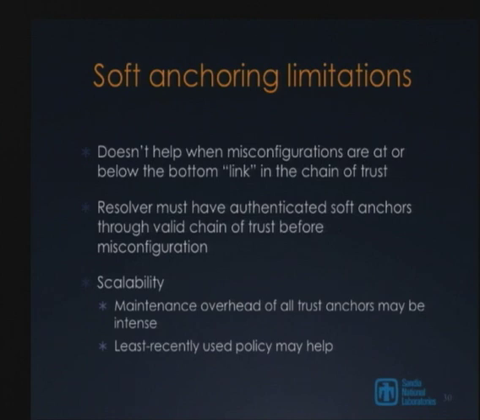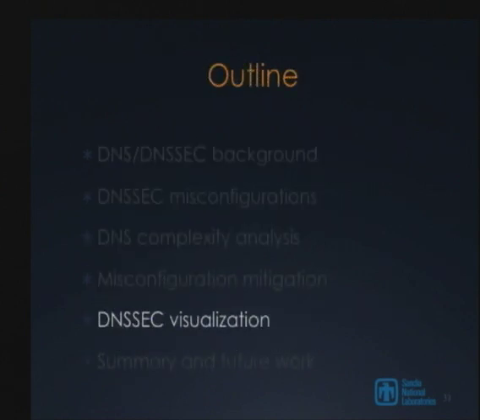Also, I've mentioned this before, but you have to have a pre-existing notion of trust, meaning this DNS key that uses a soft anchor has to be pre-authenticated before you can use it. So the chain has to exist unbroken to the resolver before the break happens for this to work. And then scalability in terms of implementation. I'm not sure how feasible this would be, if it's a lot of overhead for a resolver to maintain this or not.